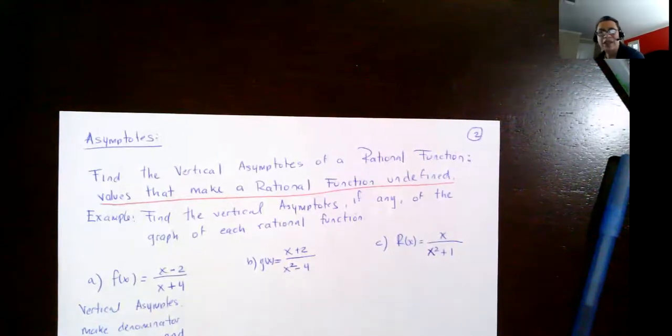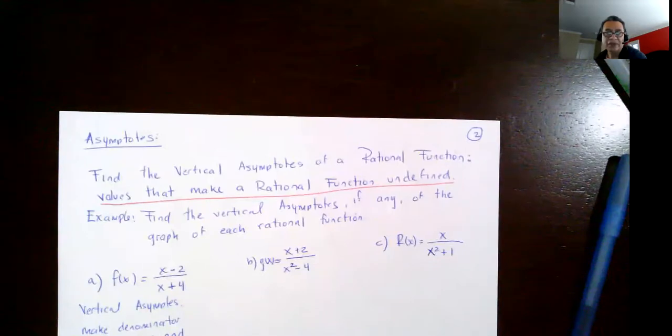Well, there are three kinds, by the way. We also have oblique asymptotes. We're going to start by finding the vertical asymptotes first. What are the vertical asymptotes? It says values that make a rational function undefined. Notice, we already know how to find the values that make a rational function undefined.